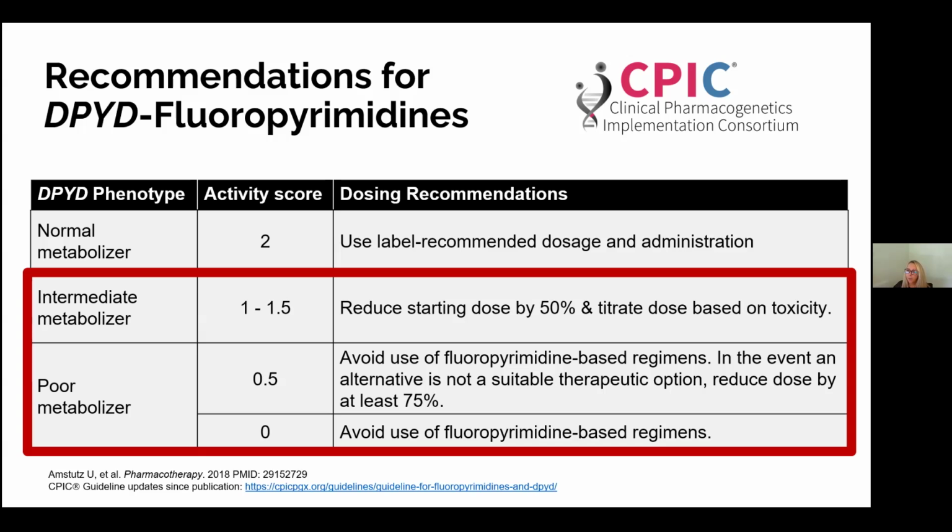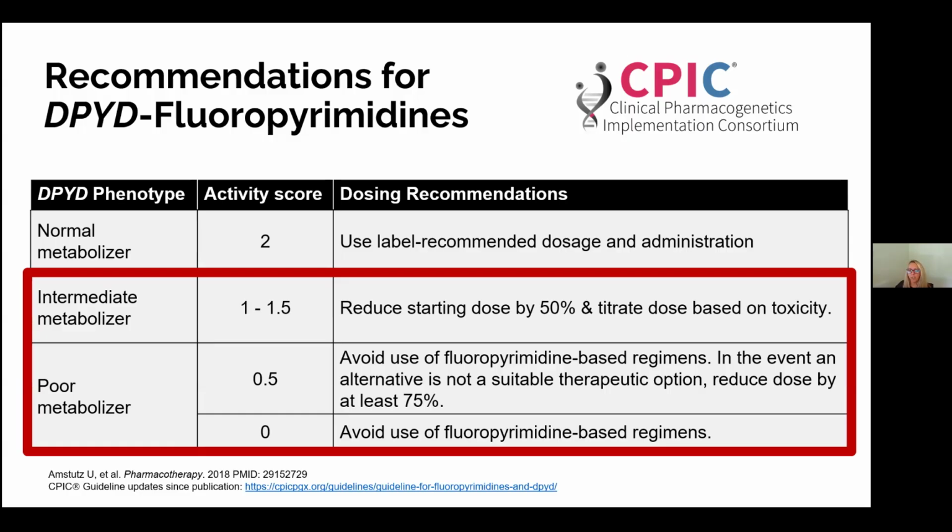Shown here are the recommendations from the DPYD fluoropyrimidine guidelines. If the patient is an intermediate metabolizer, the recommendations are in the red box. The recommendation is to reduce the starting dose by 50% and then titrate the dose based on toxicity. This could be up or down.